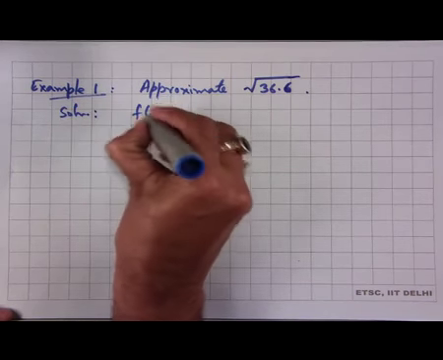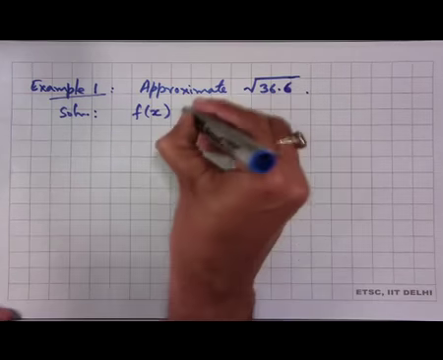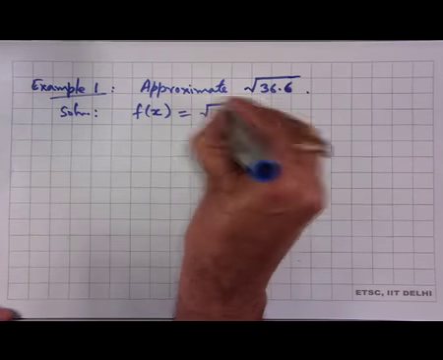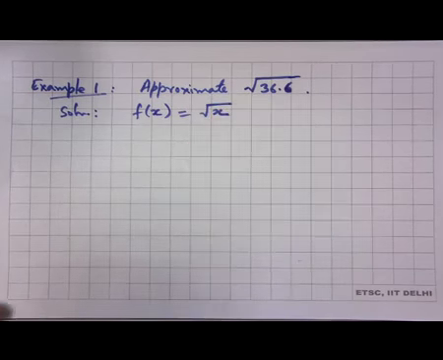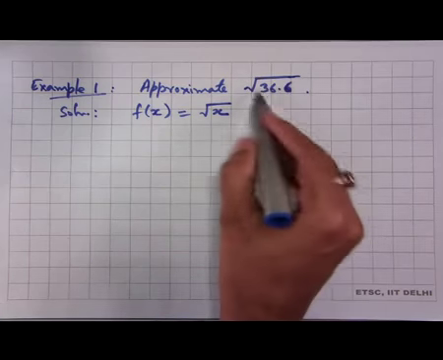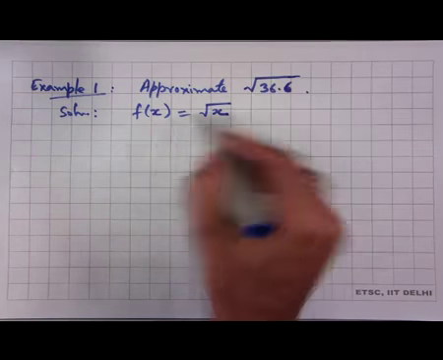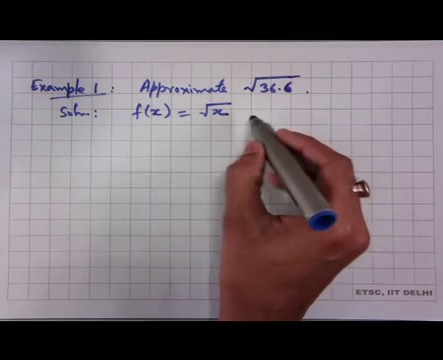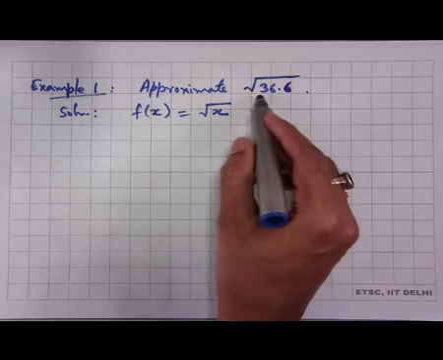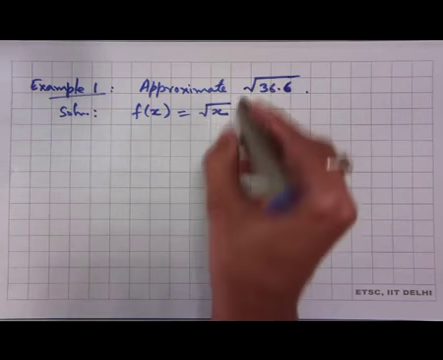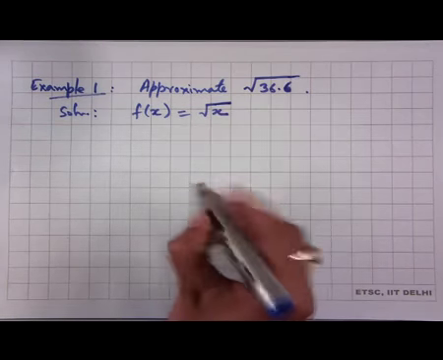First you have to choose what is f of x. So, we take f of x equal to square root of x. We want the value of this function at 36.6. Now, if we take x equal to 36, then the square root of 36 is equal to 6.